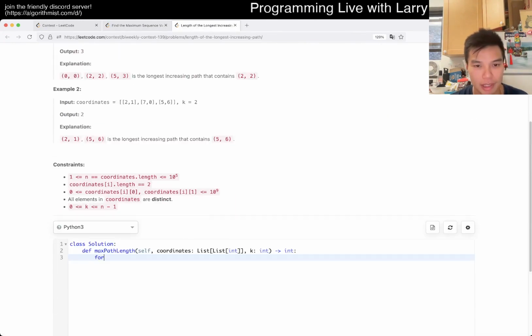Alright, let's just try. So the longest thing would have been to binary search on this, and then just go right.